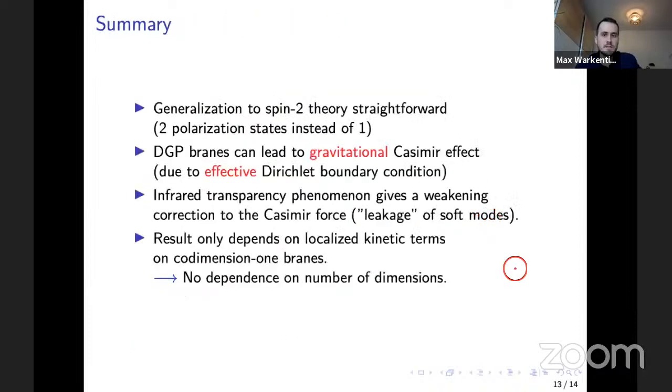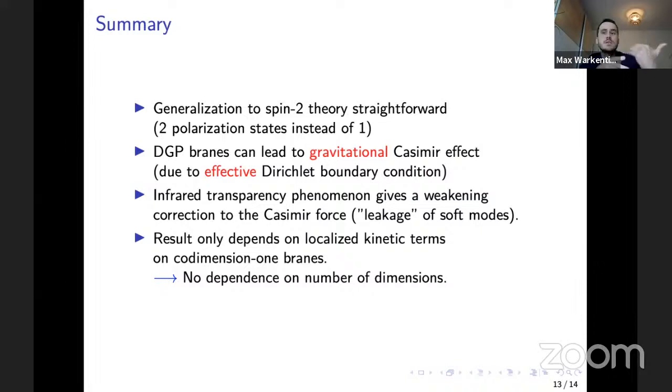Okay, and just to conclude, we saw that indeed the DGP branes act as effective boundary conditions even for the gravitational field. So therefore we can find the gravitational Casimir effect, but since the DGP branes leak some of the modes, we get a deviation from the usual result.